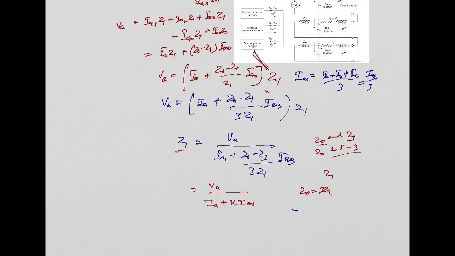The value of K is equal to (Z0 minus Z1) divided by 3Z1. So the phase current has to be compensated with a fraction of the residual current, that is I residual. Now the factor K is known as the residual current compensation factor.